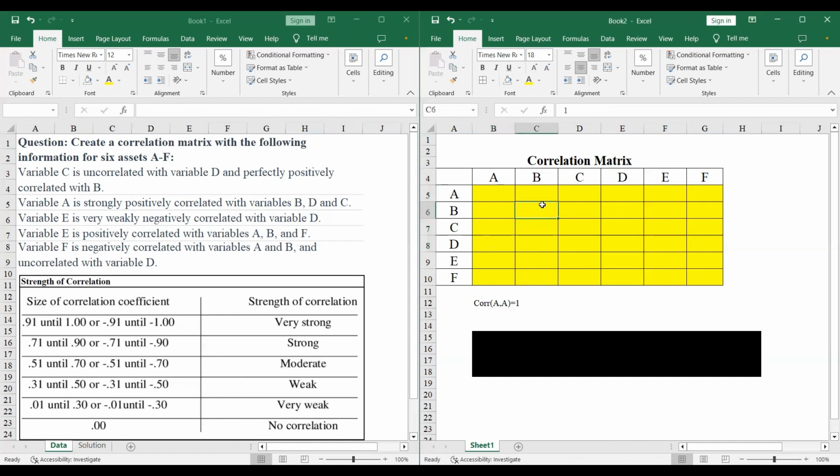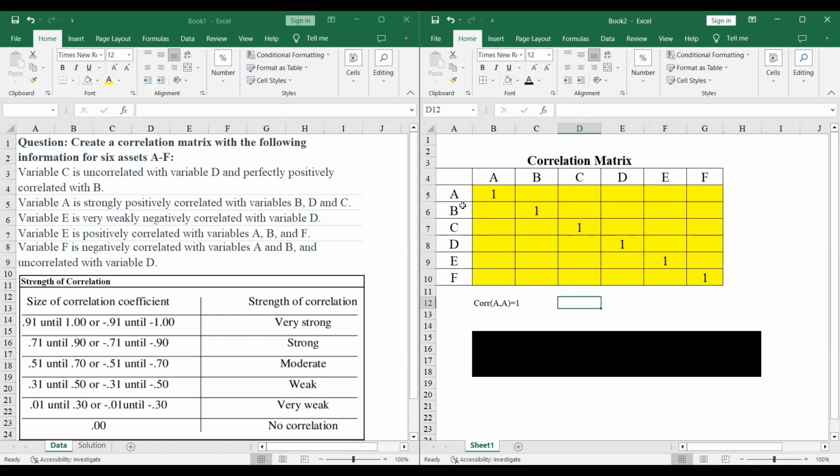So essentially the diagonals, A with A, B with B, C with C, D with D, E with E, and F with F will always be 1. So the first step for any correlation matrix is to say that these diagonals will be 1.